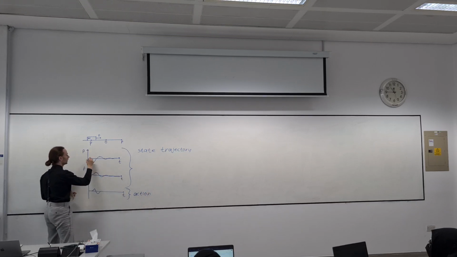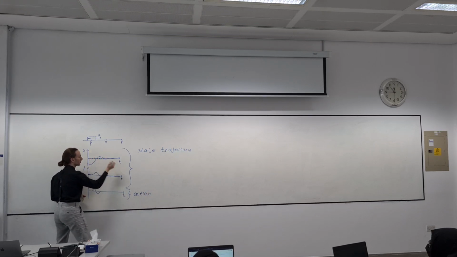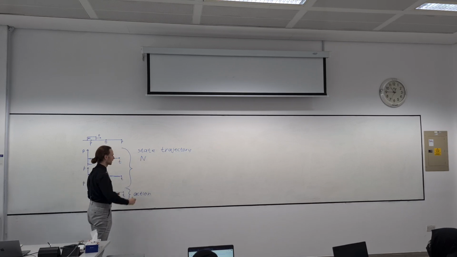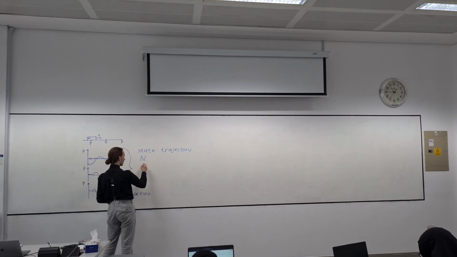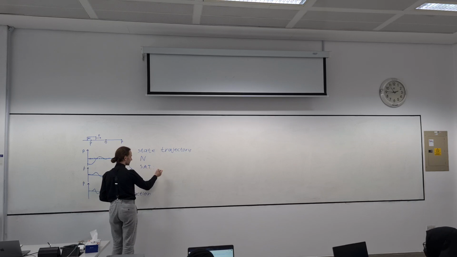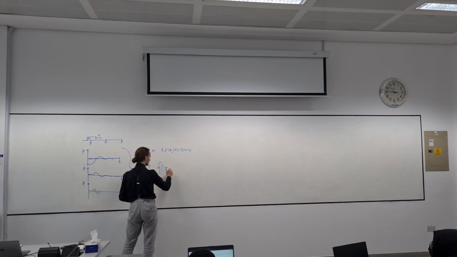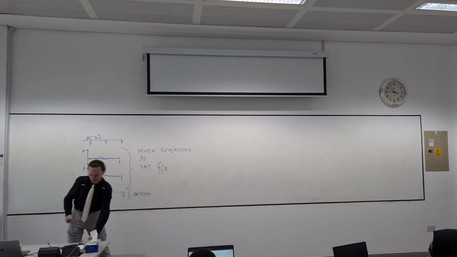If we are running this simulation for big N number of steps, our state action trajectory is the following thing: x, or p, I will call it p, position.